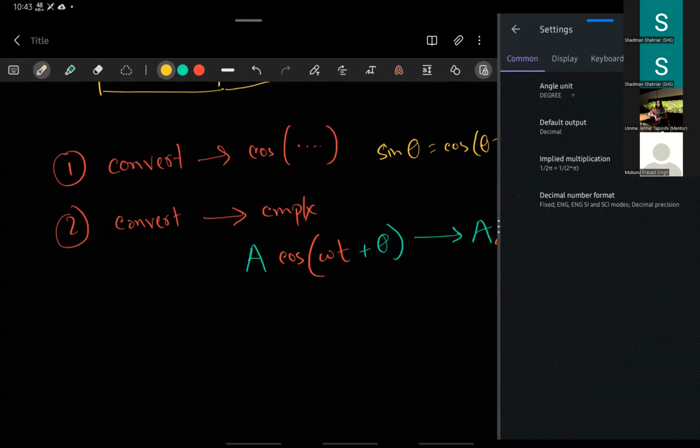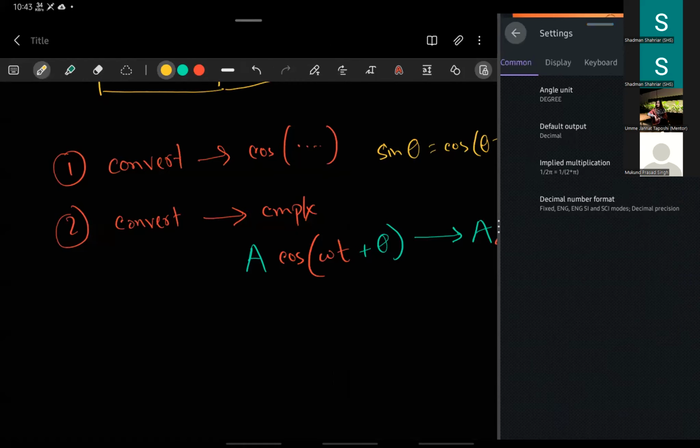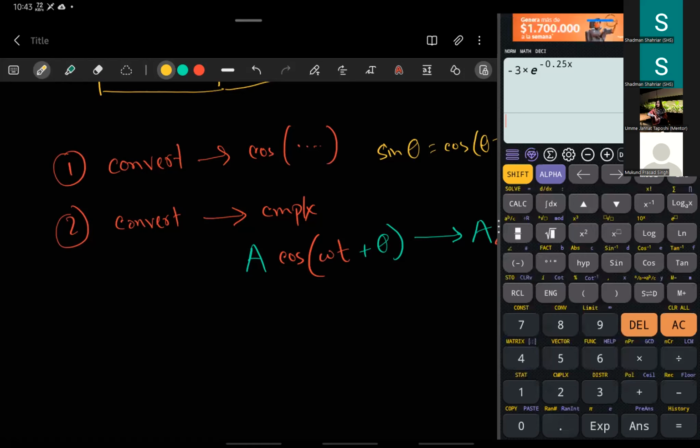There should be one main option where you can switch the angle unit to degree instead of radian. So make sure this is in degree. And for the output of the complex number, there should be another setting or mode, complex result: how do you want to see the results of the complex numbers? That should be in R angle theta mode.